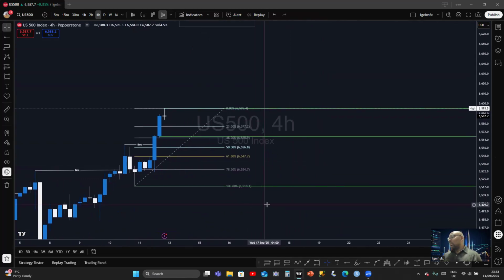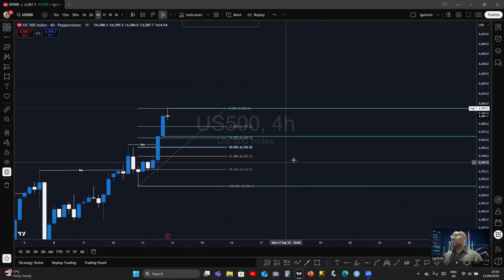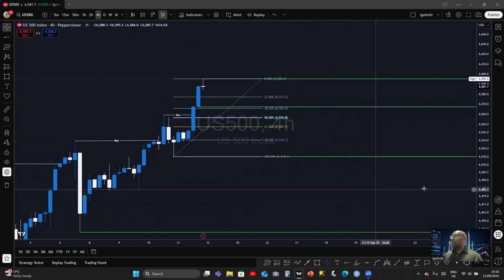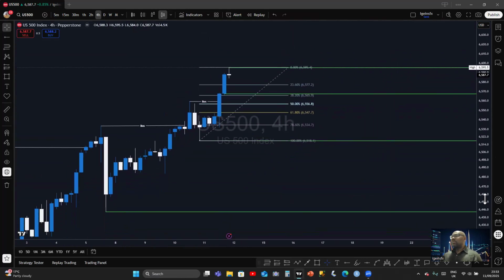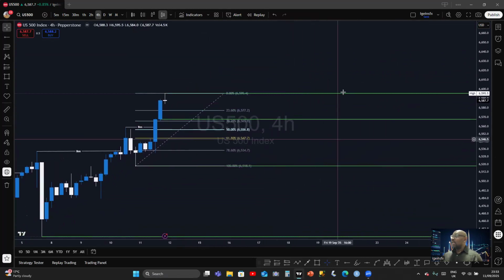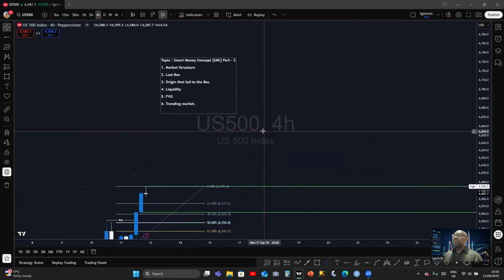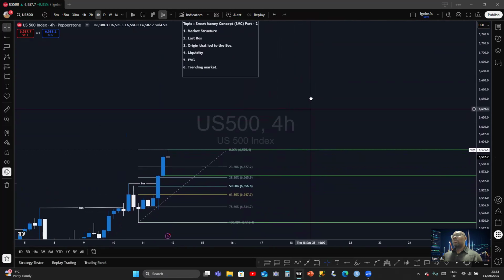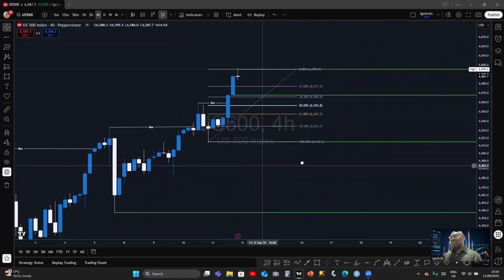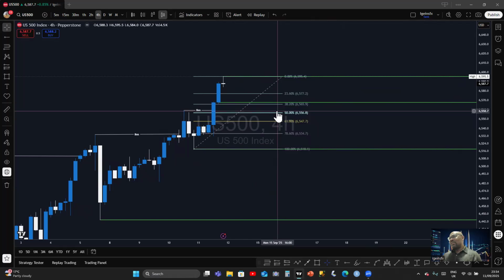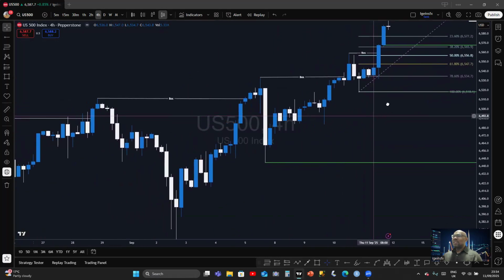If it's a sideways market, you can just close your system and forget about trading that day or that period until there's a breakout of that range. So you must know what market structure is all about. Let's just touch on it because it's critical.